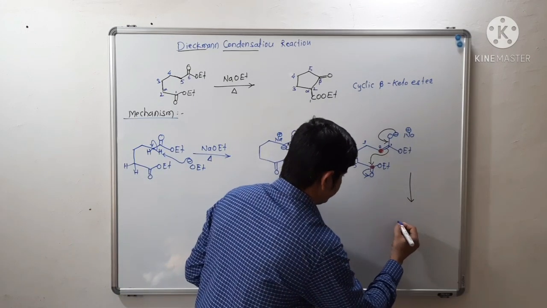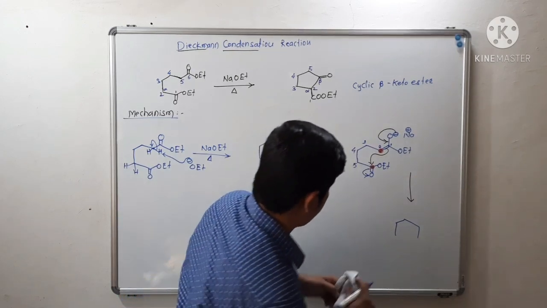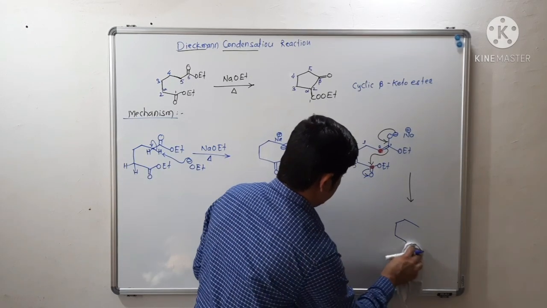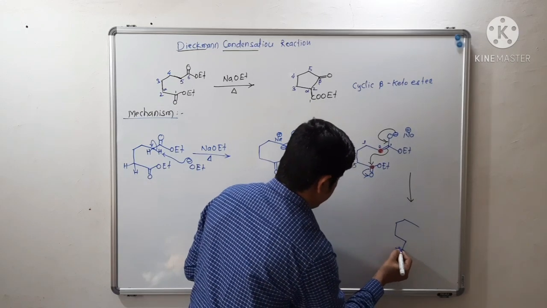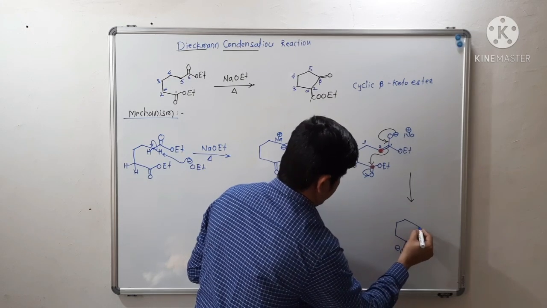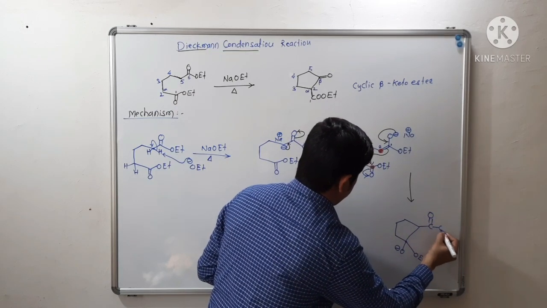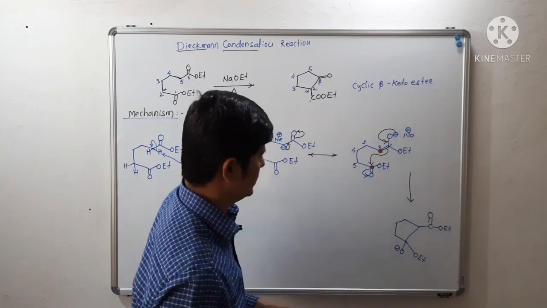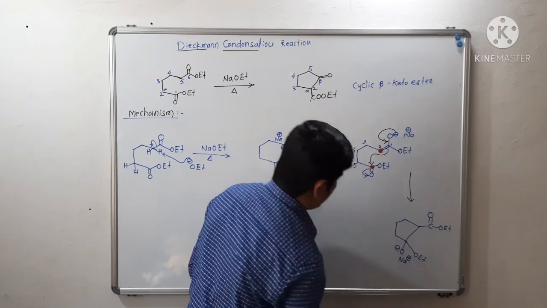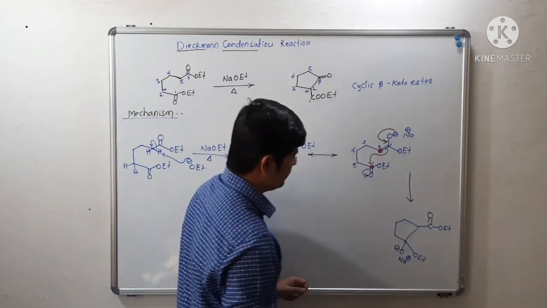So you will have, show it like this, COOEt. So we will have such a next intermediate structure.